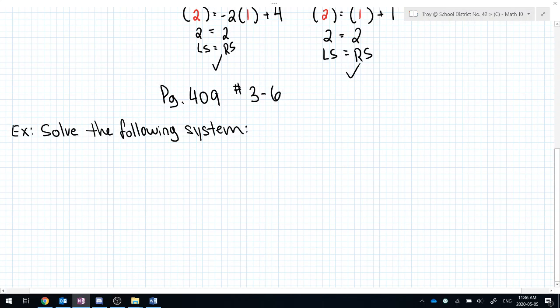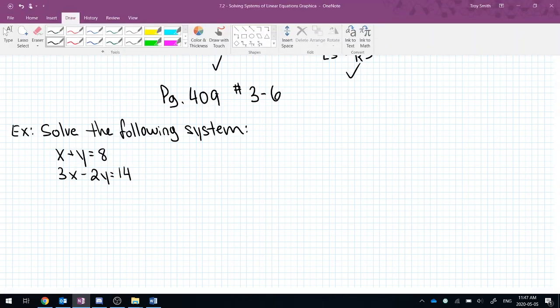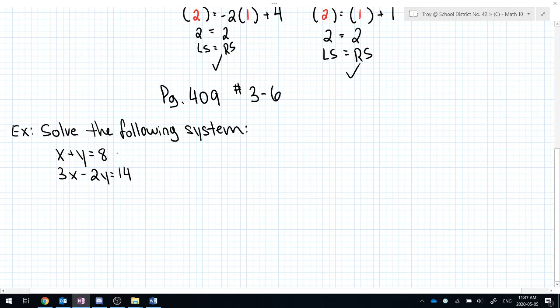And the system is x plus y equals 8 and 3x minus 2y equals 14. Alright, and just to make it a little easier, we'll call this equation 1, we'll call this one equation 2.